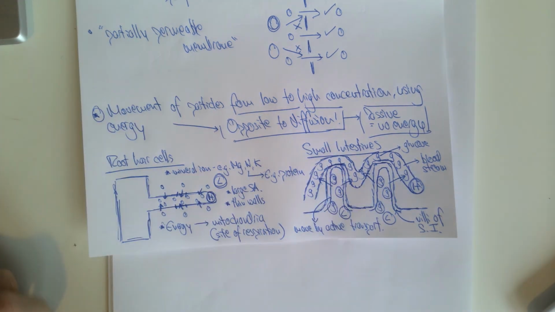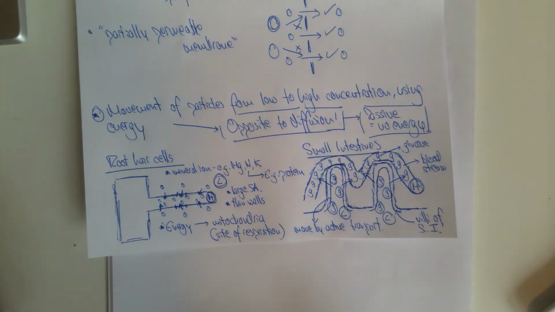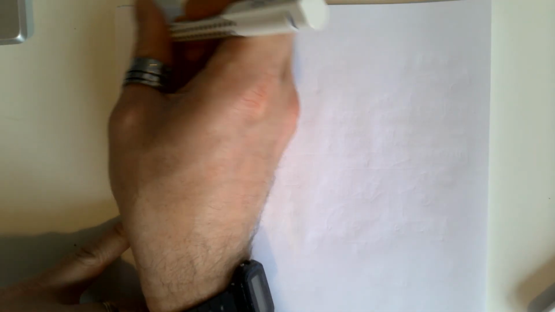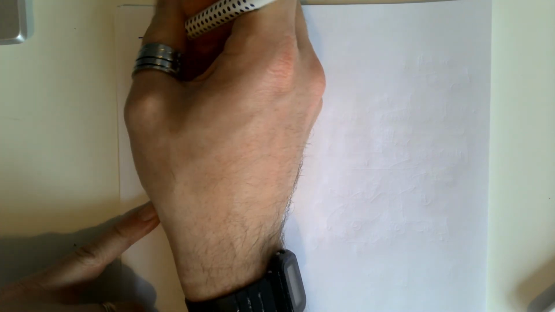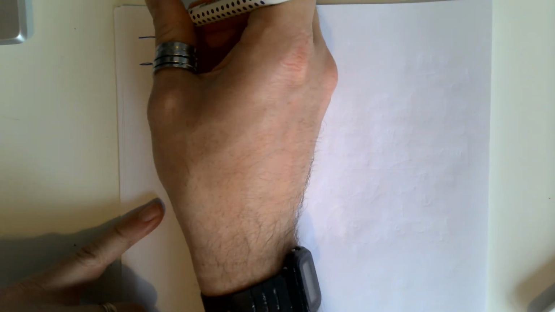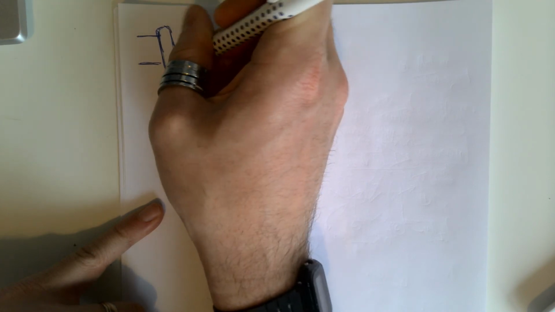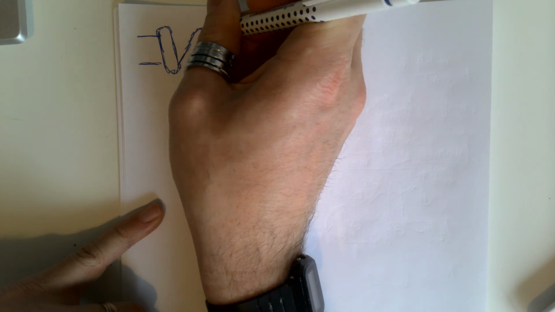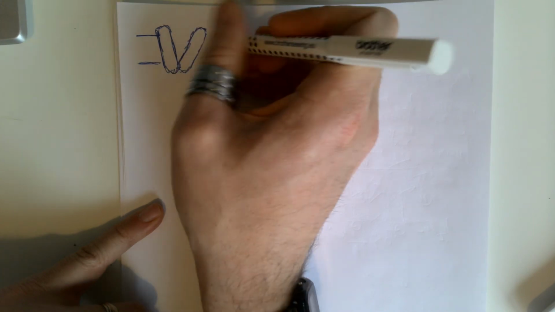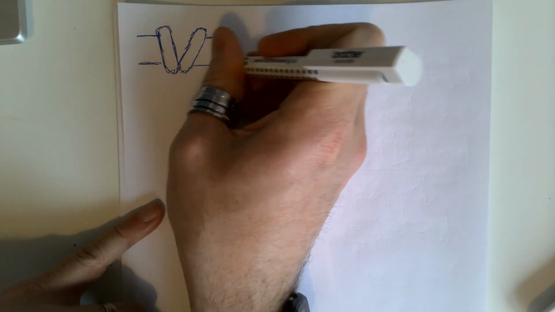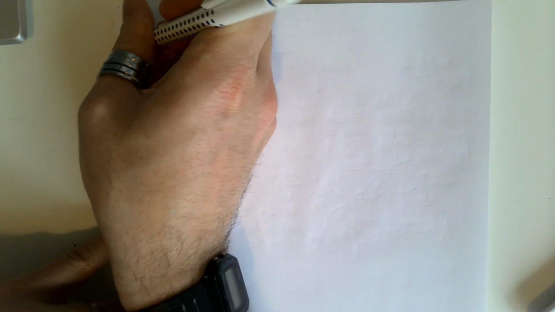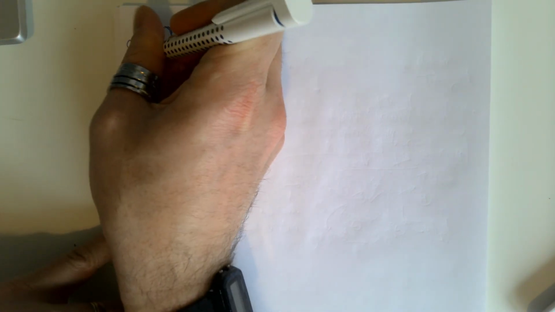How do these molecules cross the membrane into cells from low to a high concentration? So if we just go through this, we've got our cell membrane that covers our cells. If you draw out the following, like so. So this is our cell membrane.